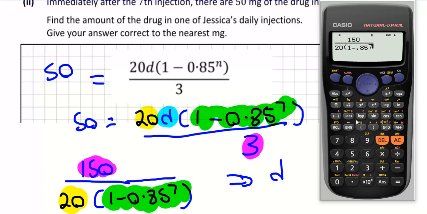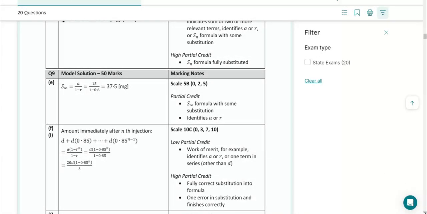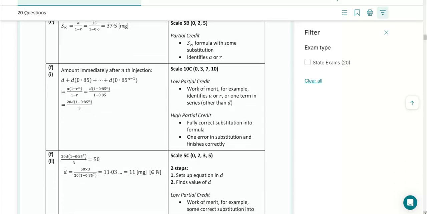How many decimals? Nearest milligram? 11 to the nearest milligram. And if we look at our marking scheme here, that last question was only worth 5 marks, but actually part 1 was worth 10. So any work of merit identifying A or R in the previous question would have got you 3 out of 10.